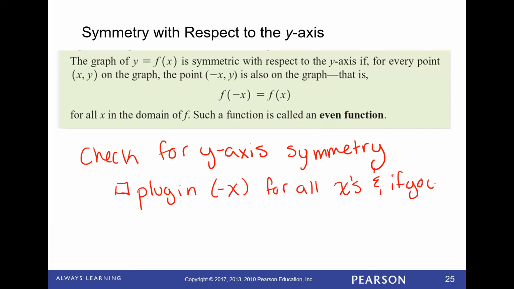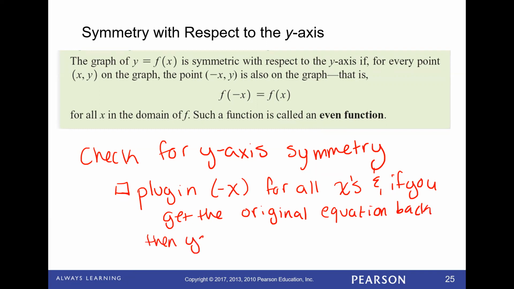And if you get the original equation back, then you have y-axis symmetry. That's literally all you have to do.